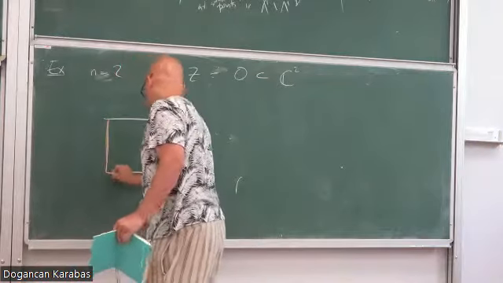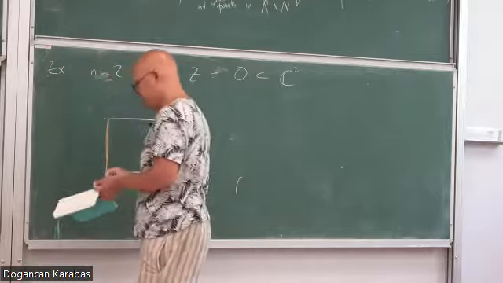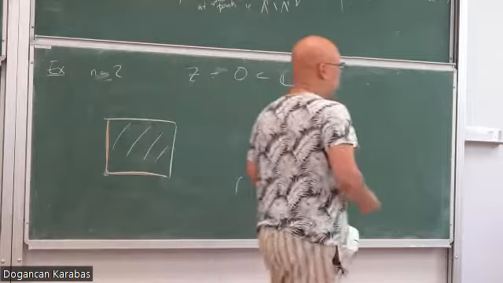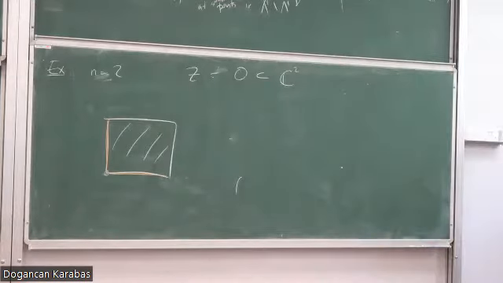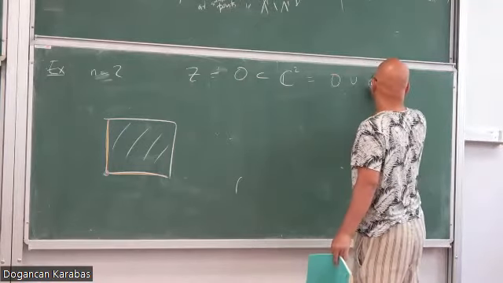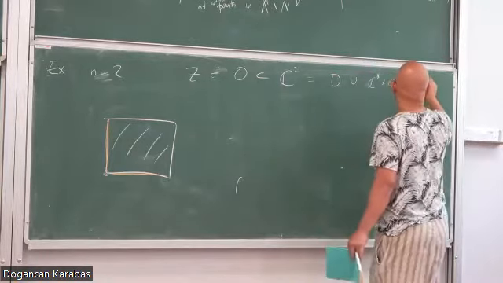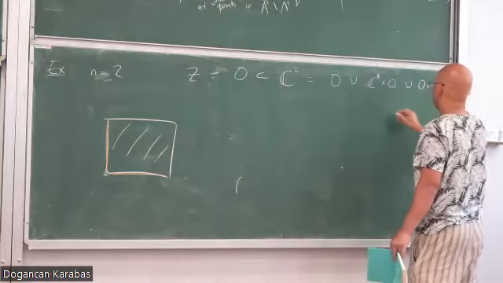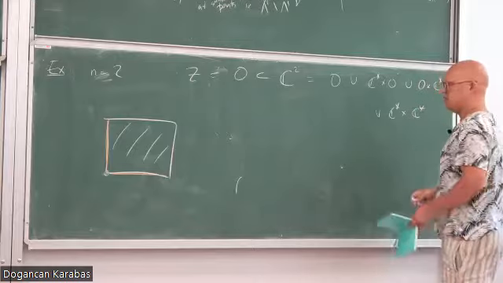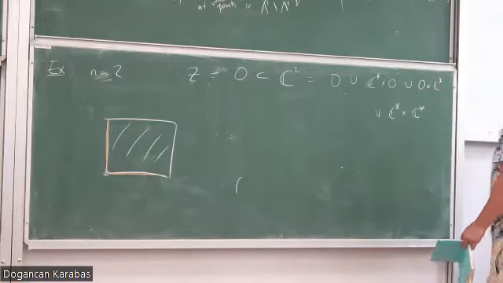Here's a stratum, here's a stratum, and here's a stratum. And what's the corresponding stratification of C squared? It's 0, union C star times 0, union 0 times C star, union C star times C star. Okay, maybe I'll write them in the corresponding colors.